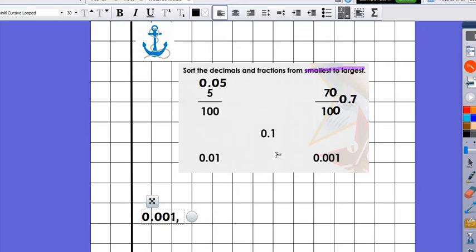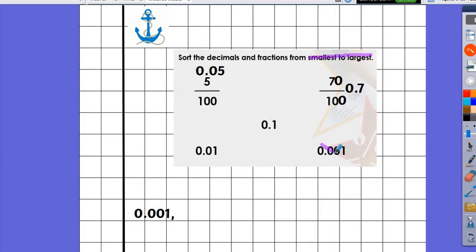Now it's really important that even though we've converted them here to decimals, we write the original number that they are. So when I get to 0.05, I write 5 over 100. I don't write 0.05 because that would be wrong. I need to write what is given to me. So 0.001. Next one, again, I'm going to use a technique and cross that out nice and neat.